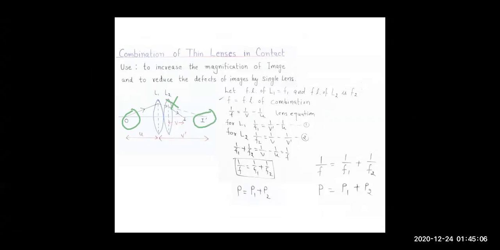So for lens 1, if only lens 1 is present, the object distance will be U, and the image will be formed at I dash, and that distance we are calling V dash, right? So the image distance will be V dash.